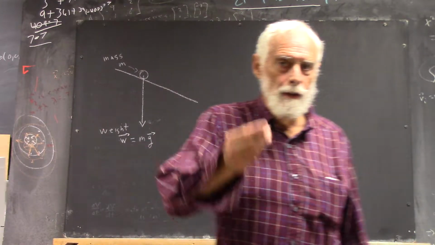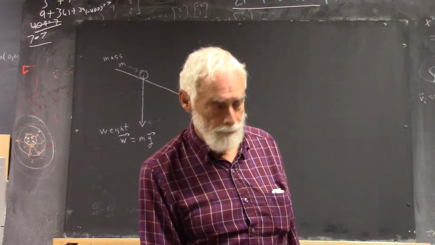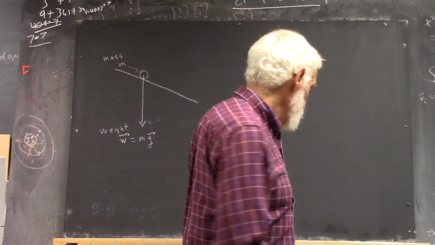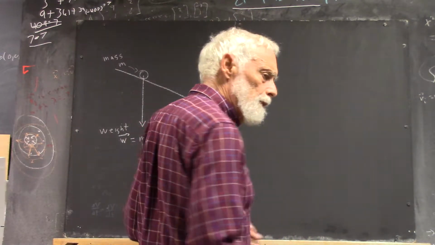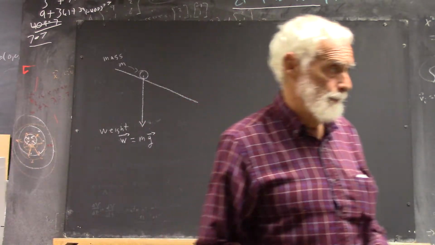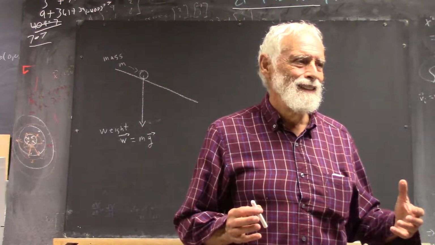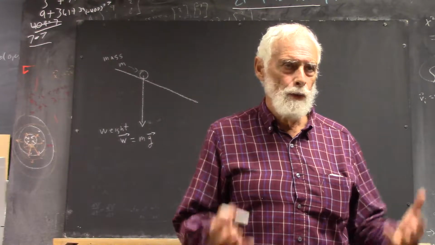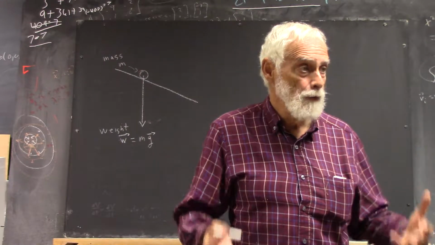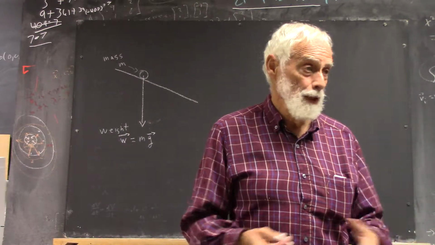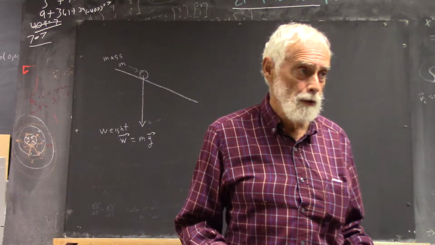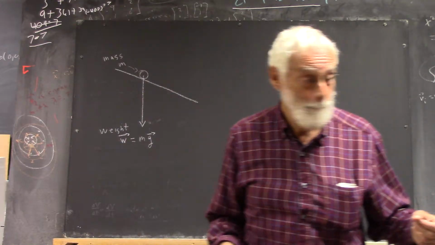If I take this object and drop it, it accelerates, and all objects accelerate at the same rate. I say all objects, all particles that fall freely, without air resistance, without somebody hitting them with a baseball bat or a fly swatter. Okay?